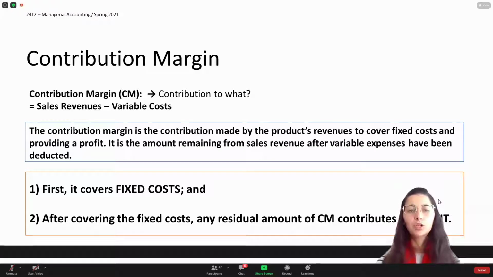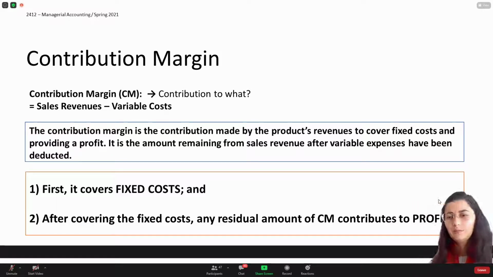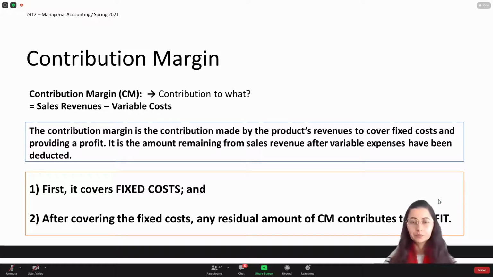Okay, so contribution margin. When we talk about contribution margin, it's contribution to what? We know that it is equal to sales revenues minus variable costs. The contribution is first to cover the fixed costs. After covering the fixed costs, any residual amount from the contribution margin contributes to profit.